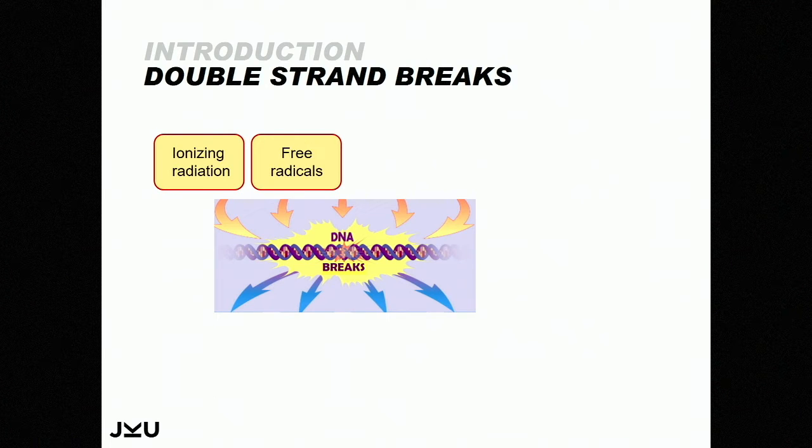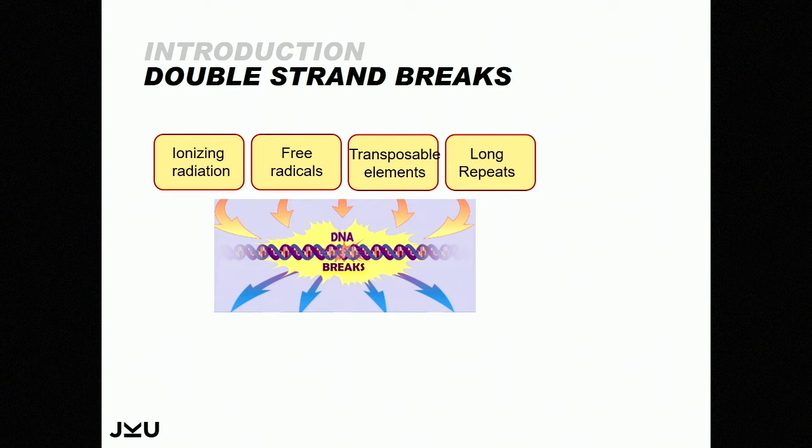So Simon talked about these double-strand breaks that are necessary to start the recombination process in meiosis. We all know that double-strand breaks are also introduced randomly by outside agents like ionizing radiation, free radicals, and also some intrinsic elements in our DNA, like transposable elements or long repeats.